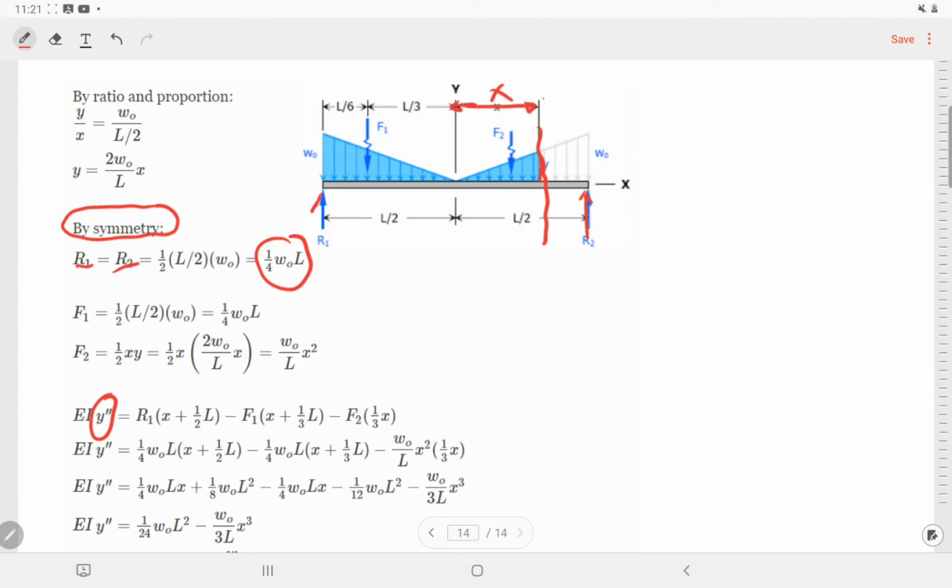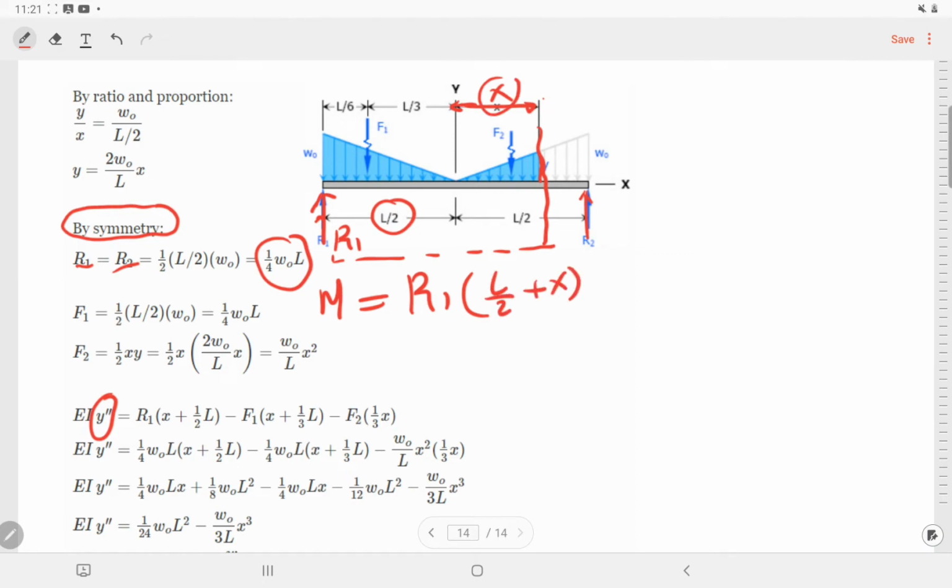We have the first reaction, r1, and this is the moment: r1 times the distance. The distance from r1 to this section is l over 2 plus x. So l over 2 plus x, this is for r1. What we have also is f1 and f2.